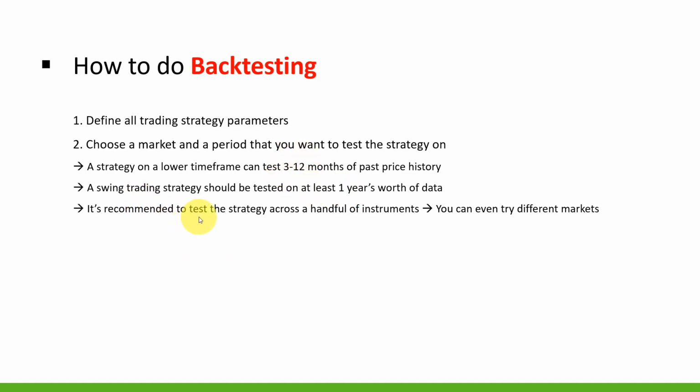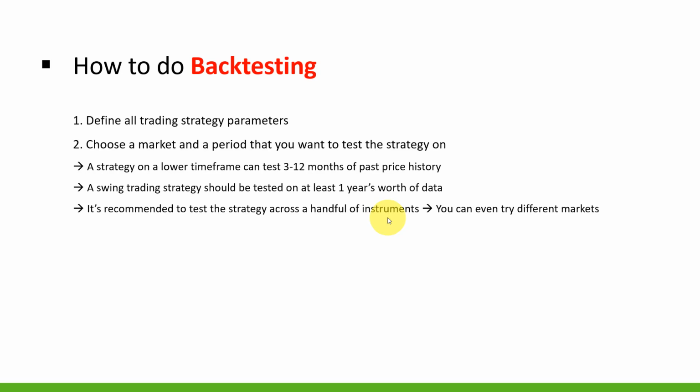Also, I would recommend testing a strategy across a handful of instruments. For example, you can test a strategy on the Euro US dollar, British pound US dollar, New Zealand US dollar, and maybe something uncorrelated like the British pound Swedish krona. But you want to make sure that you test the strategy on a few different instruments to get an idea of how it performs on each.